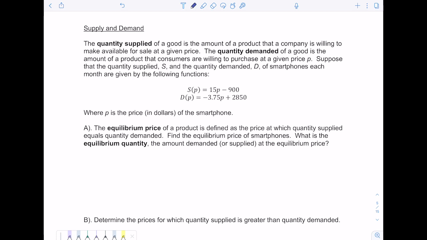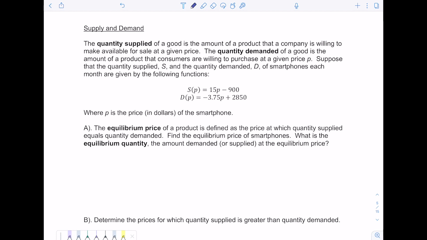The quantity demanded of a good is the amount of product that consumers are willing to purchase at a given price. We're going to call the price P. So suppose that the quantity supplied and the quantity demanded of smartphones each month are given by the following functions. Okay, so we have our supply and our demand, where P is the price in dollars of the smartphone.